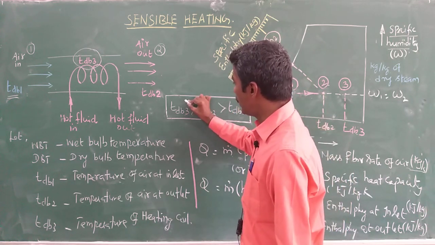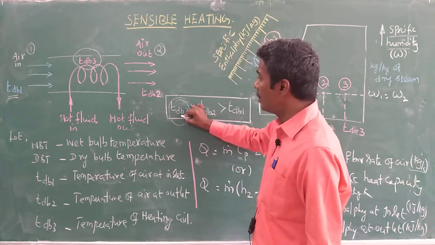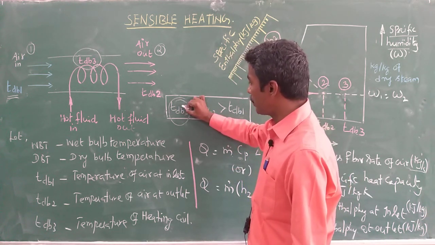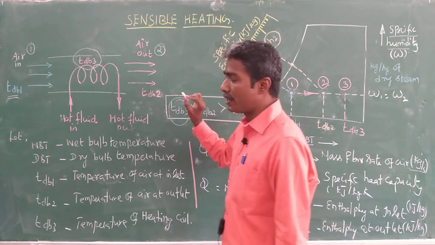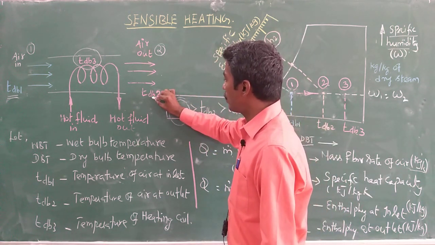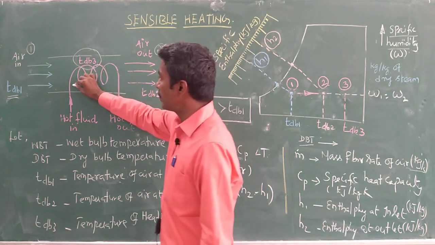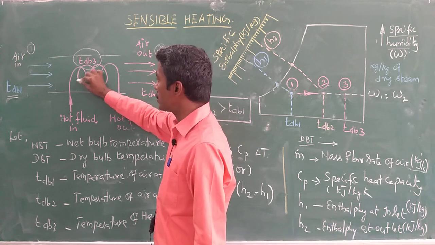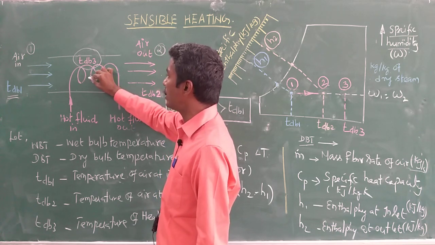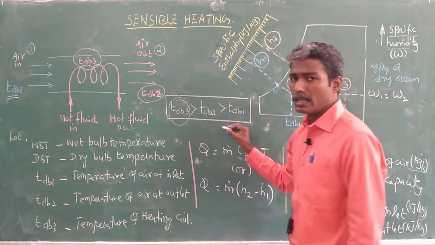Because the heating coil is applying heat, so it maintains a higher temperature than TDP1 and TDP2. Why is TDP2 not more than TDP3? Because some of the air is bypassed, not passing over or touching the heating coil, so TDP2 is lesser than TDP3.